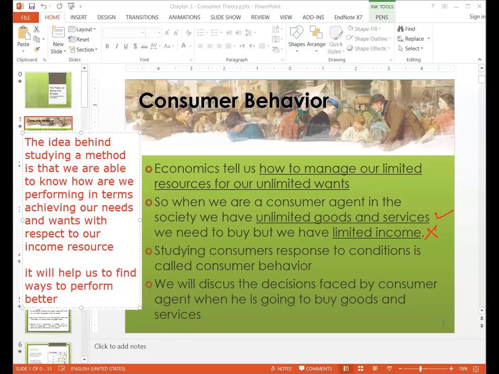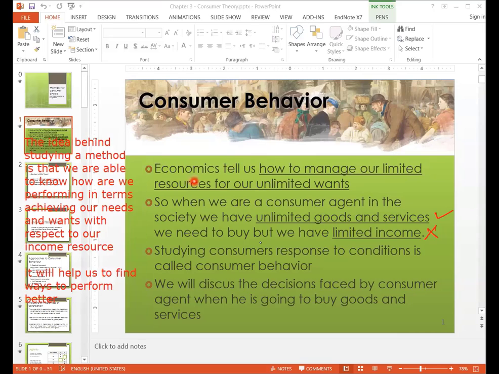So first of all, economics tells us that it is helping the consumer agent to increase the consumption of goods and services from the resources that he has. So now we are coming towards consumer economics.